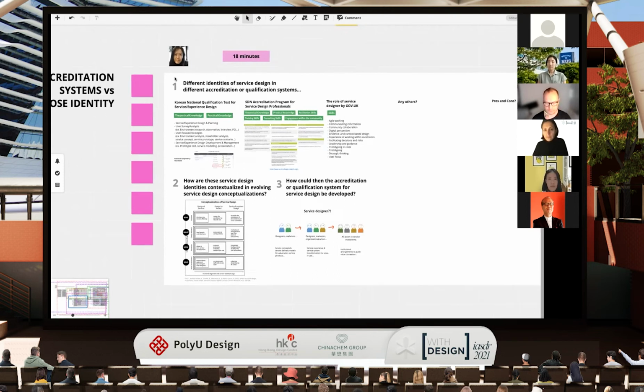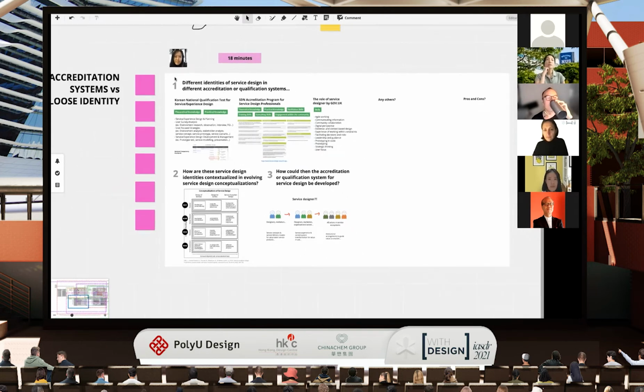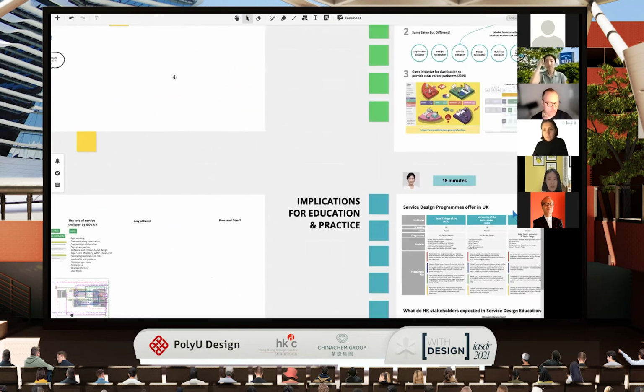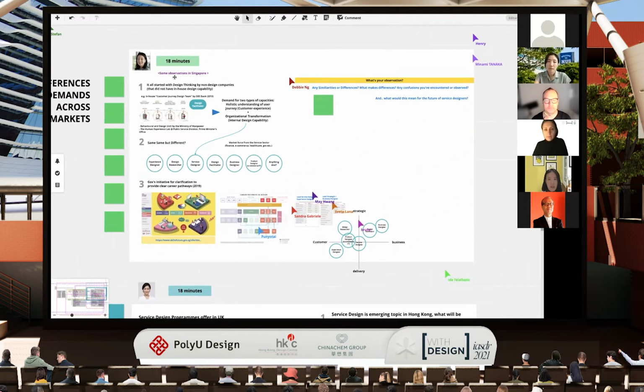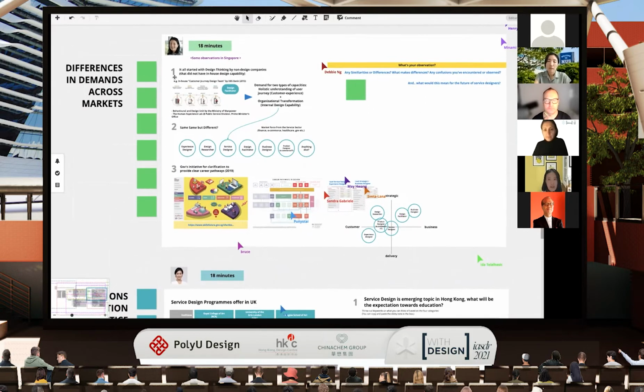JJ shared all the story about service design positioning in Singapore. Singapore and Hong Kong are in many ways quite similar in terms of size, population, and particularly the industry structures.